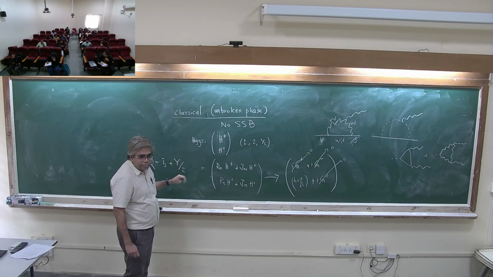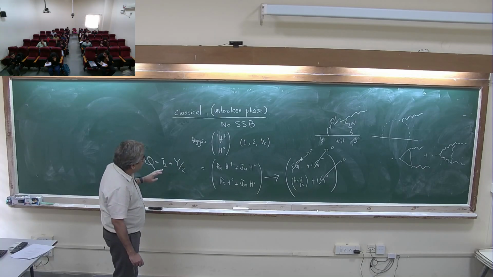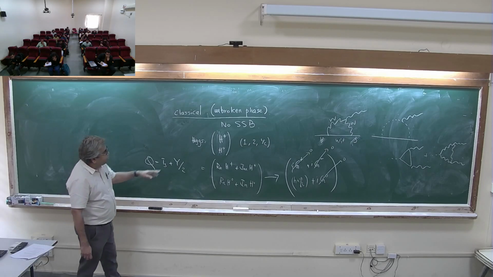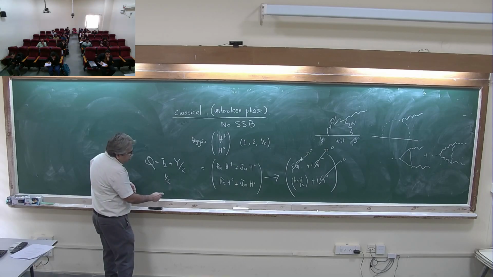Let's work out the T3 and charges. The upper part will always have T3 of half, and the lower part will always have minus half.